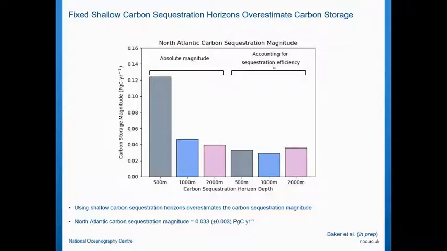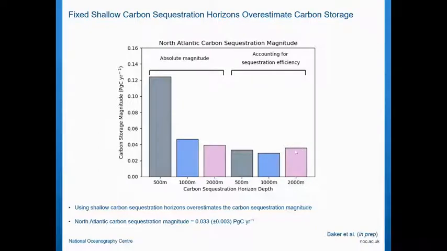But what I've then done is use this gridded sequestration efficiency to scale back these fluxes. So what could the potential storage actually be if we consider the circulation of these dissolved constituents? And you can see that this really reduces the magnitude.